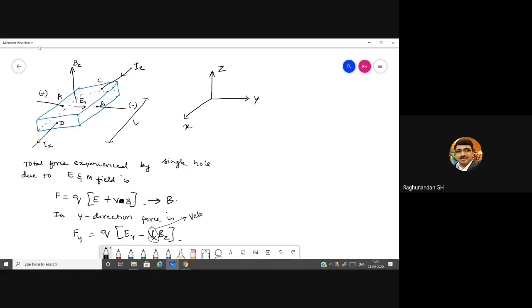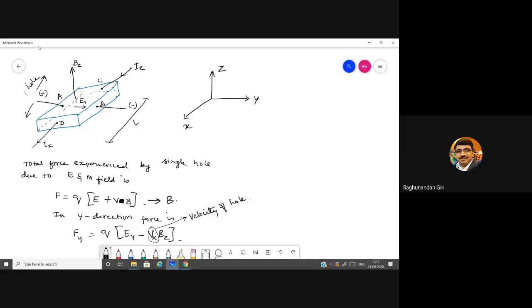It is the velocity of the hole. Velocity of the hole means the direction of the hole. How is it moving? This is the x direction we are showing, Ix in this direction. But whether the hole is moving along the direction of Ix, or in the opposite direction.